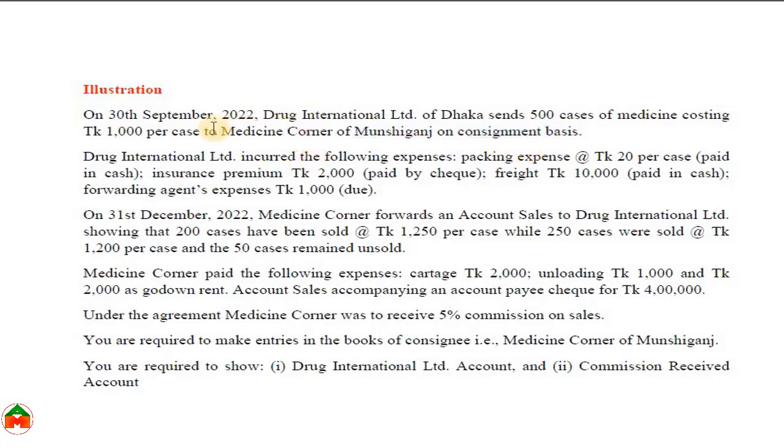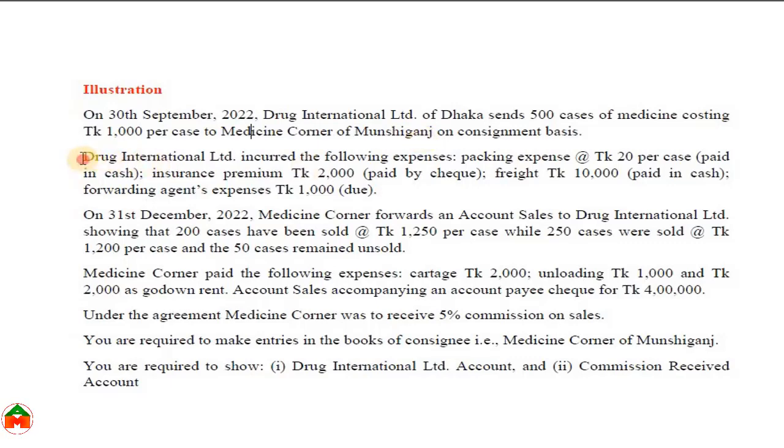Here, Medicine Corner of Munshiganj is the consignee, and today's discussion is to show the journal entries in the books of consignee. Here, the consignee is Medicine Corner of Munshiganj.